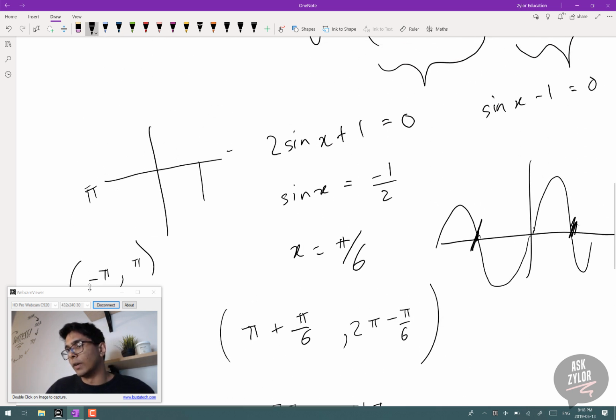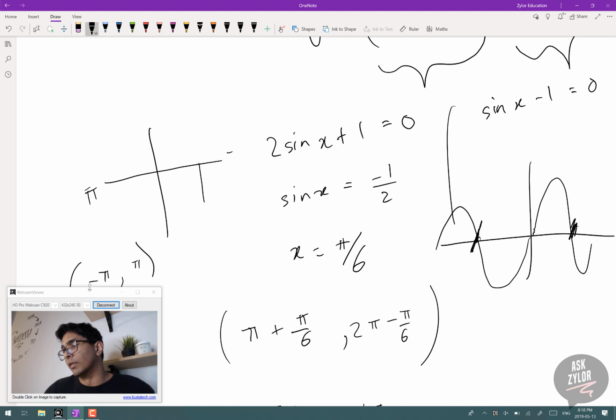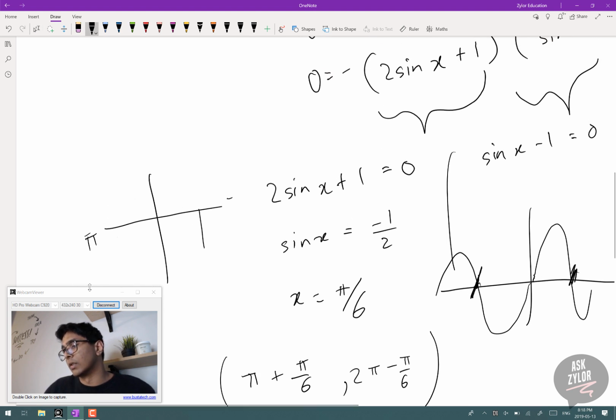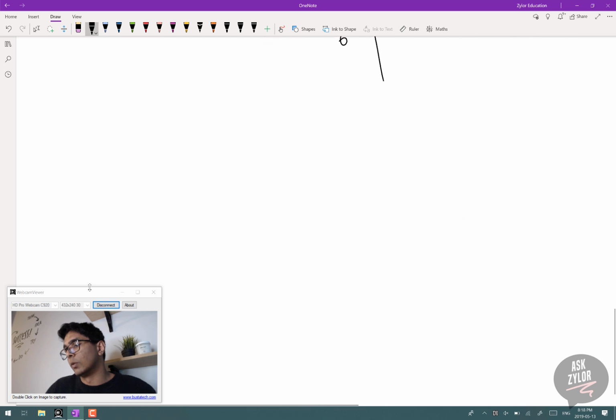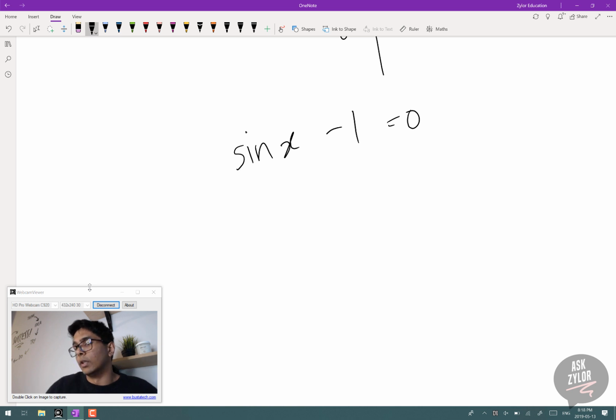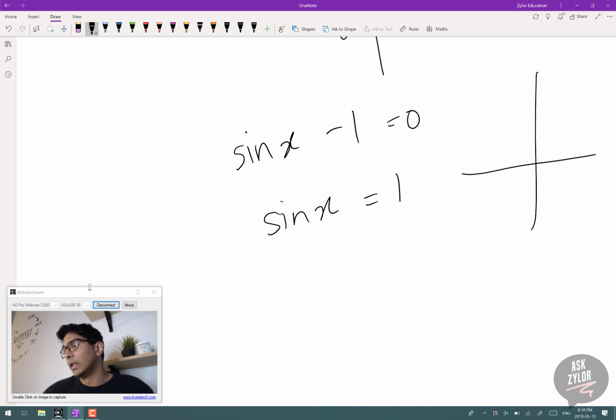Okay. So I found 1/2 of the critical values. The other equation I still need to solve, so sine x minus 1 is equal to 0. Right? So then I'm looking at when is sine x equal to 1. Looking back at the unit circle again, sine x is 1 at pi/2, right?